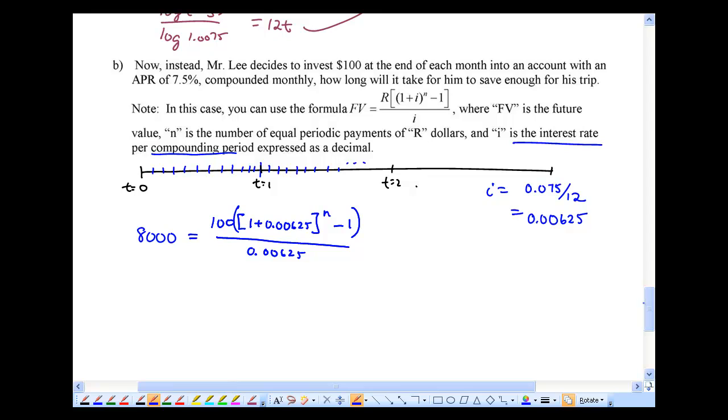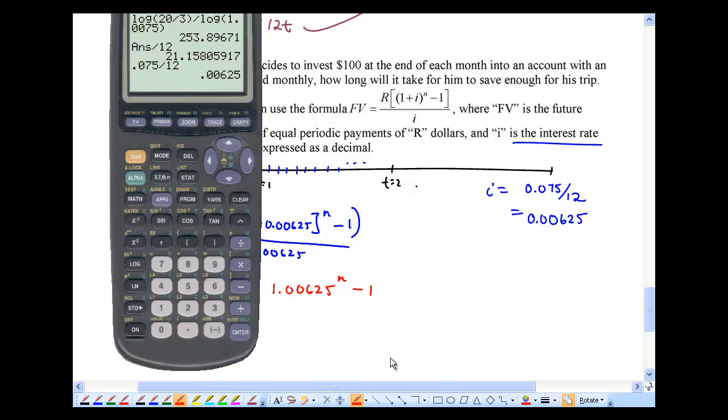Okay. So let's see if I can simplify this a little bit, trying to isolate the power stuff. So I think I'm going to get rid of this 0.00625. That'll be 8,000 times 0.00625. And why don't I divide that by the 100 as well while I'm at it? And that leaves us with 1.00625 to the power n minus 1.